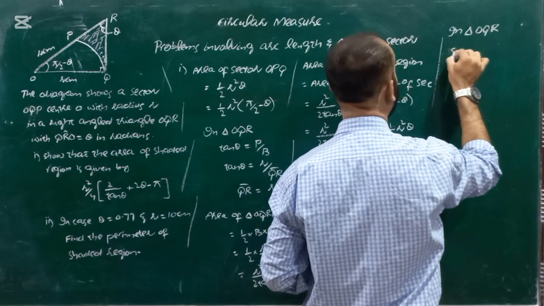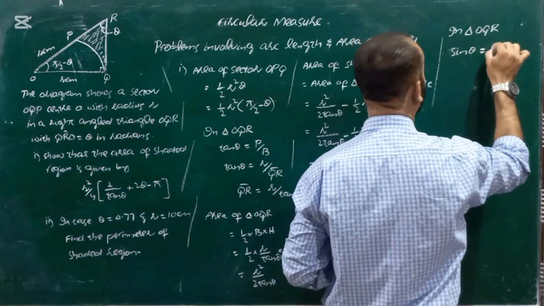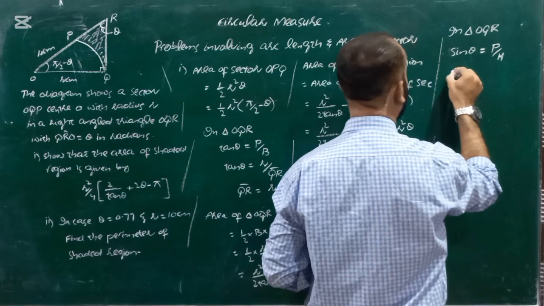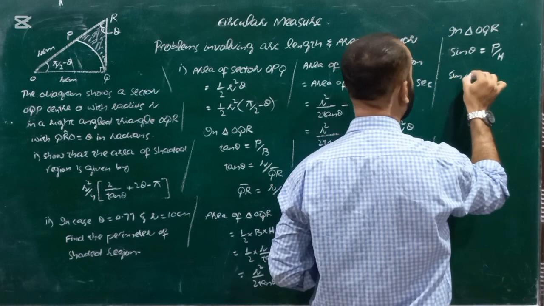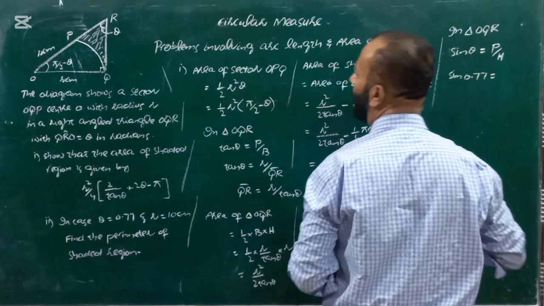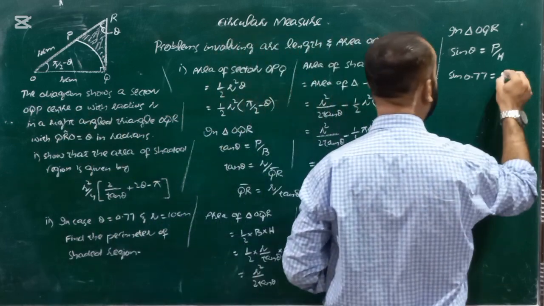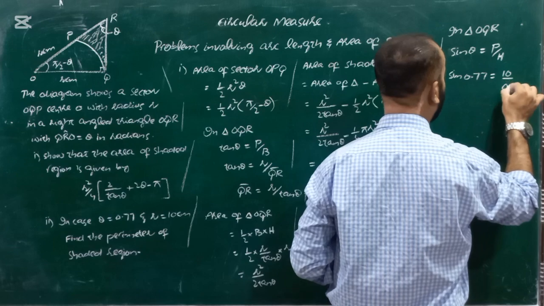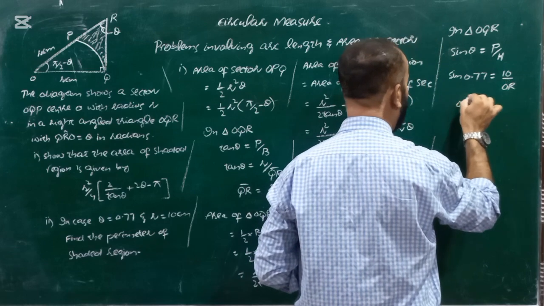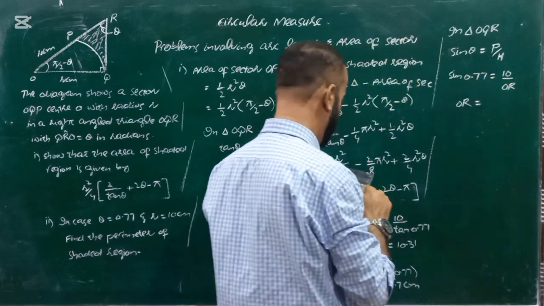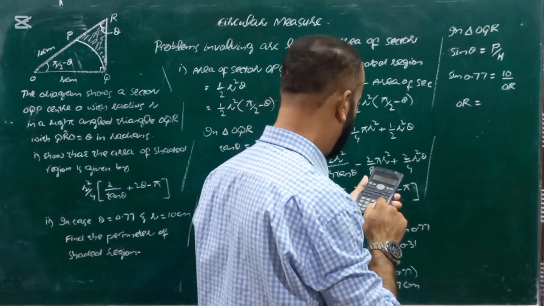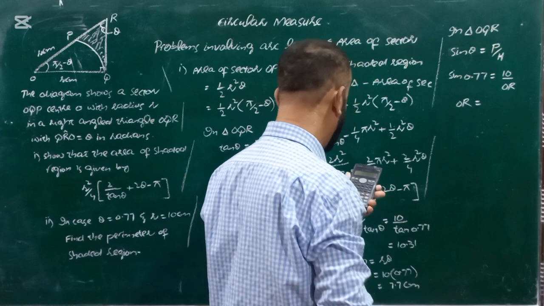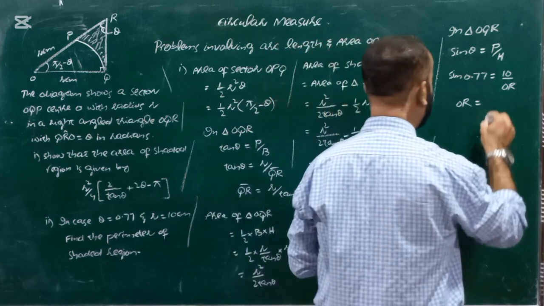Sine theta is perpendicular over hypotenuse. So sine theta is 0.77, perpendicular is r, that is 10, and our hypotenuse is OR. So OR will be equal to 10 over sine 0.77. 10 over sine 0.77. So this is 14.37.